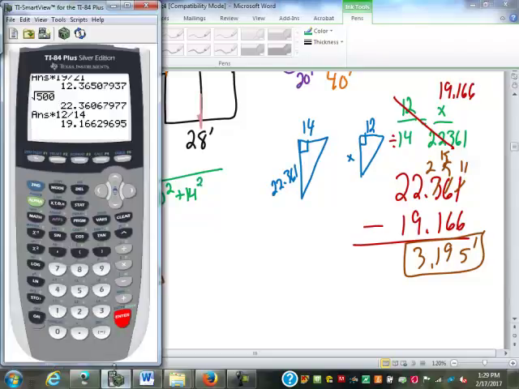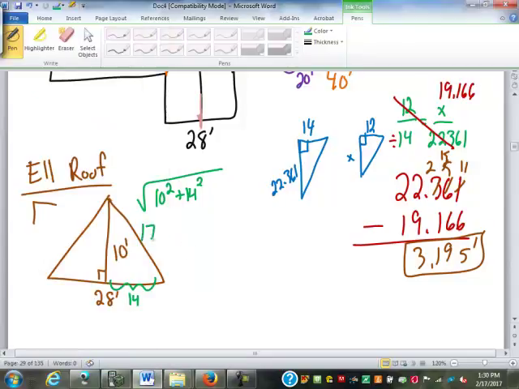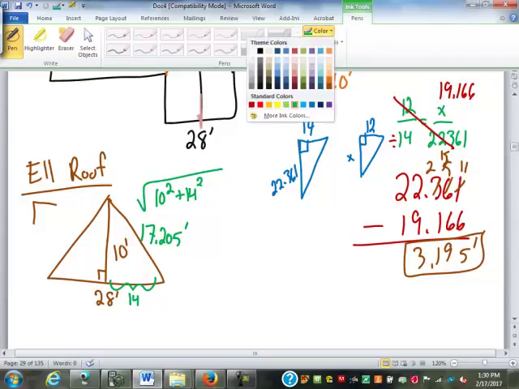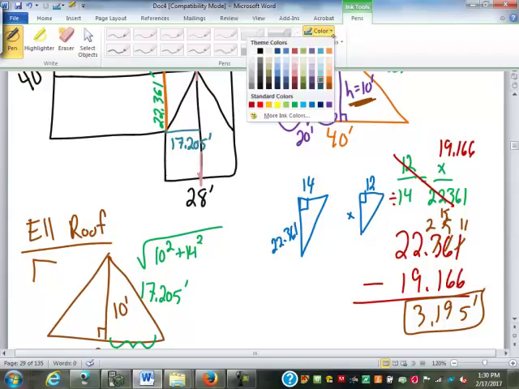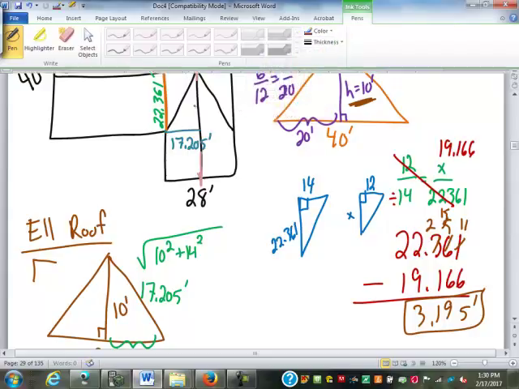We have the square root of 10 squared plus 14 squared, 17.205 feet. Yes? No? Good deal. So this right here is 17.205 feet. So we are now looking at this triangle right here.